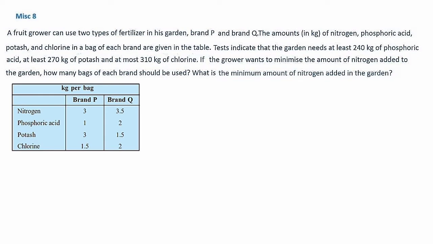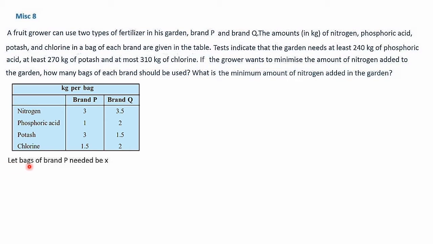What we have to calculate is how many bags of each brand should be used. Question, if the grower wants to minimize the amount of nitrogen, that means how many bags of each brand should be used for minimizing the nitrogen. And what is the minimum amount of nitrogen added in the garden? The minimum amount also you have to calculate. So let's go for assumption.